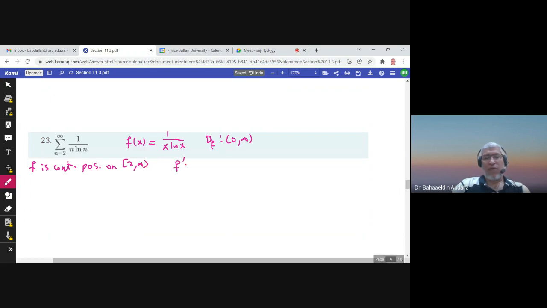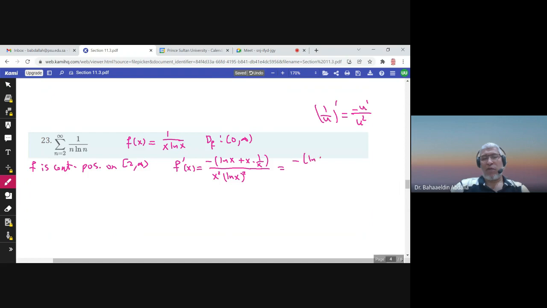And let me find f prime. And f prime is negative the derivative of x ln x over x squared ln x all squared, because the derivative of 1 over u is negative u prime over u squared, chain rule. So the derivative of x ln x is ln x plus x times the derivative of ln x, which is 1 over x.